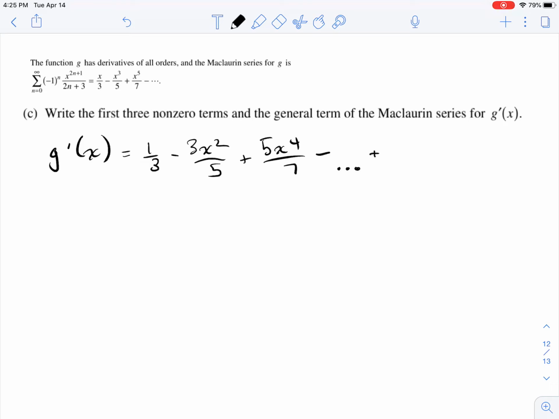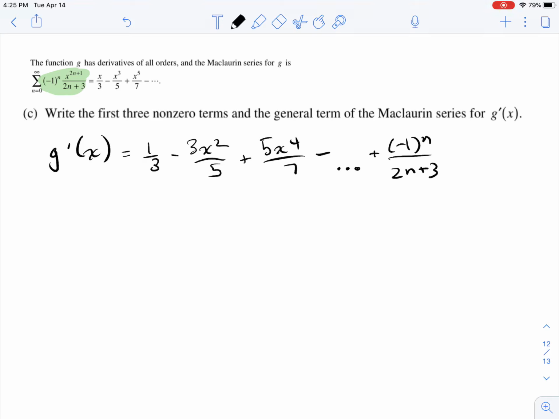So now we're finding the derivative of our general term, which is this stuff over here. Now, I know that looks pretty gnarly, but remember, when we're doing the power rule, the only thing that's impacted by the power rule are the terms with x in it. So that -1 to the n and that 2n plus 3, those are just constants. So let's just go ahead and write those so that we don't get too swept up by them. These are just constants, and you know that those constants aren't going to be affected by us applying the power rule.